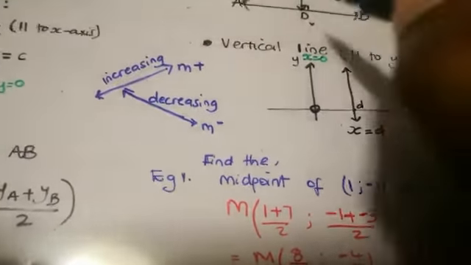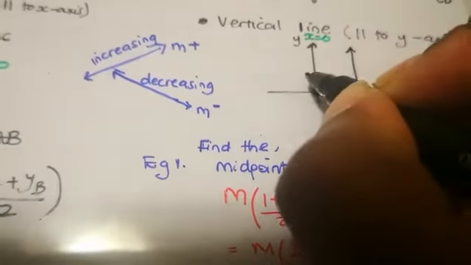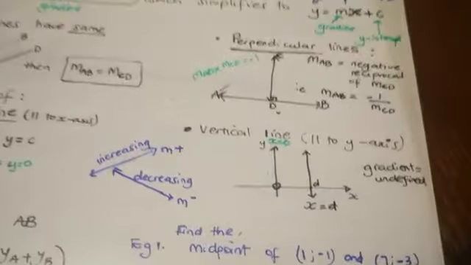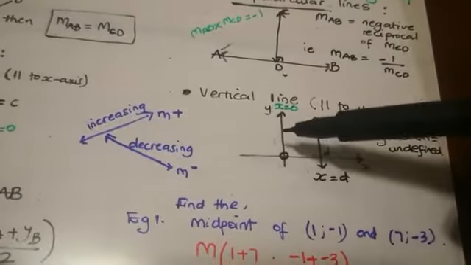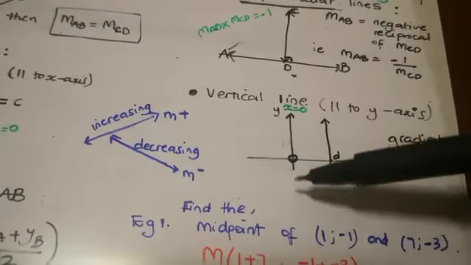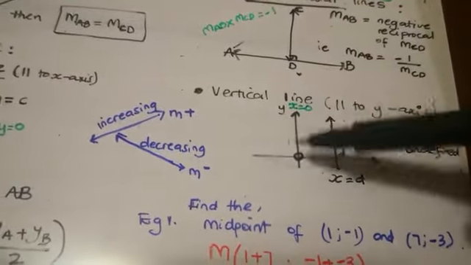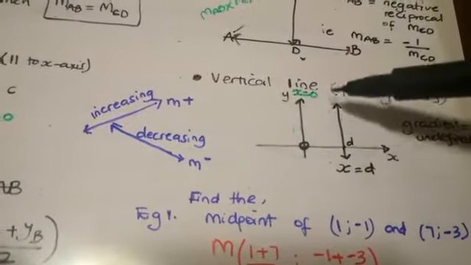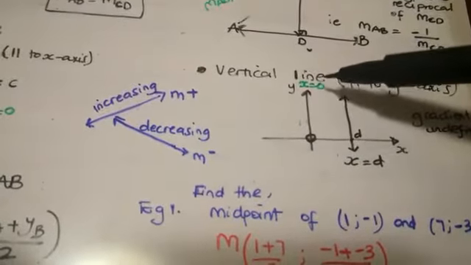Then the coordinates going up the y-axis would be 0, 1, then 0, 2, then 0, 3. In all these coordinates, the x value is 0. So that is why we say the equation of the line is x equals 0.